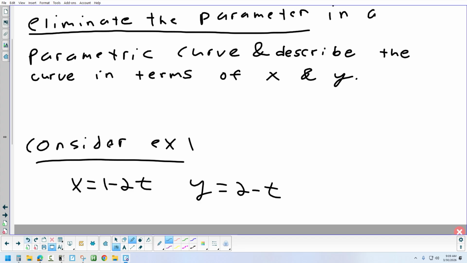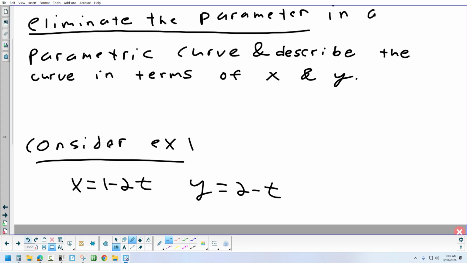Okay, so there's the two equations that we started with. The formula for x is on the left, the formula for y is on the right. Does anyone have an idea of how we could eliminate the parameter? So when you're done, you have a formula that's y equals, but it has to be in terms of x. It can't be y equals with a t.